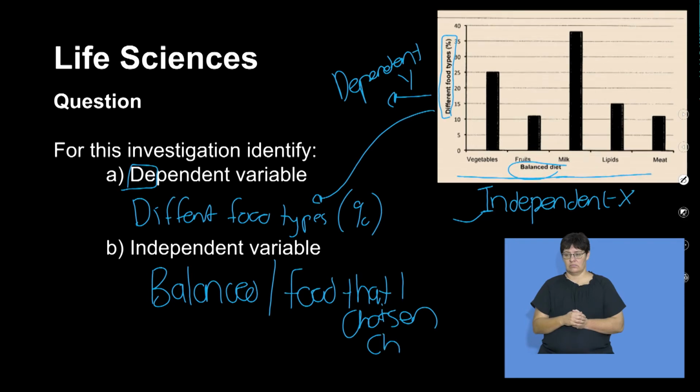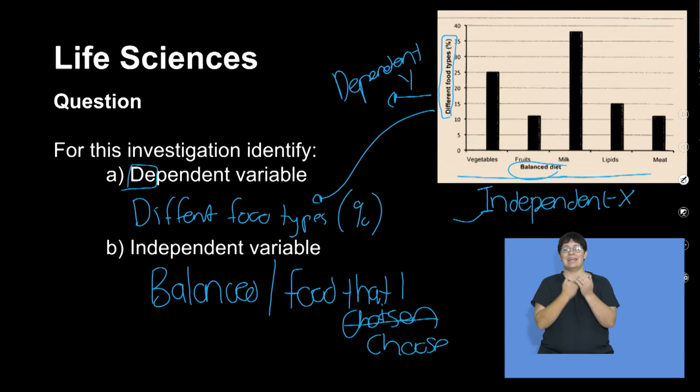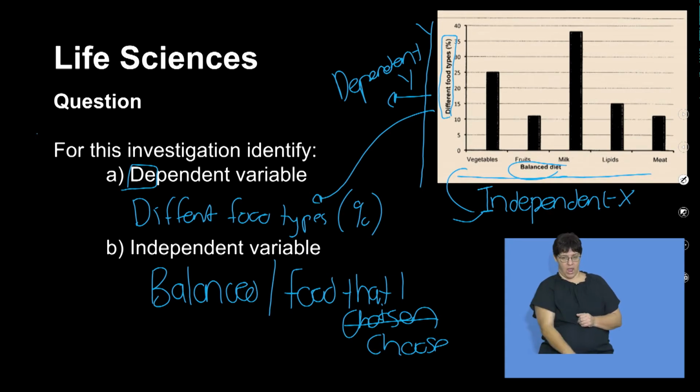Let's rather use choose. Much better that we use it that way. Okay, so there we're looking at independent, I lie down, dependent, always on the y-axis. And remember, y. That's how we know which is the y. Okay, now things have moved to this side.